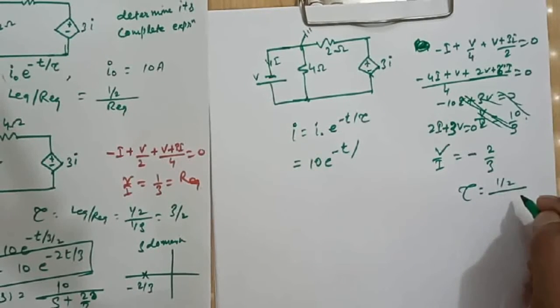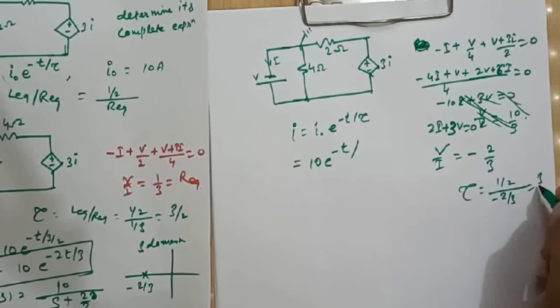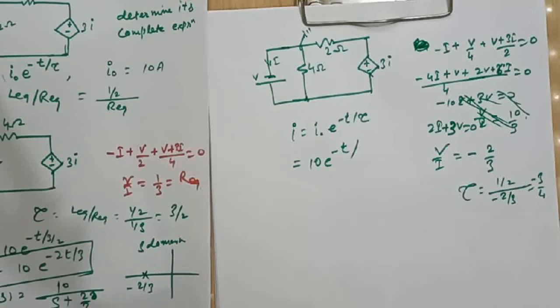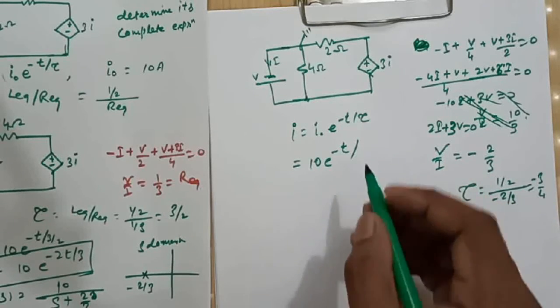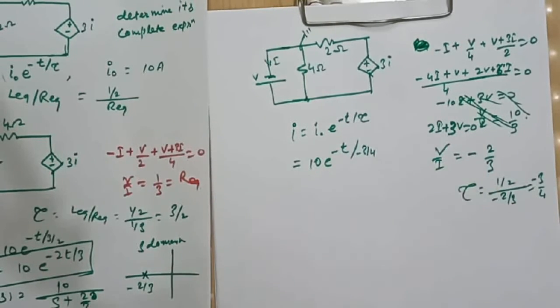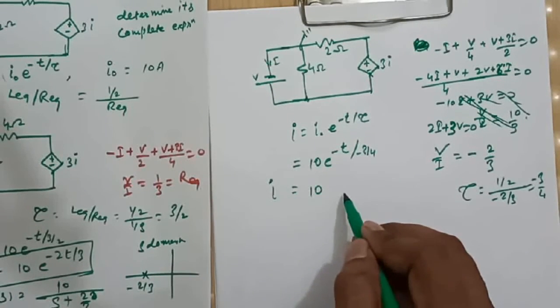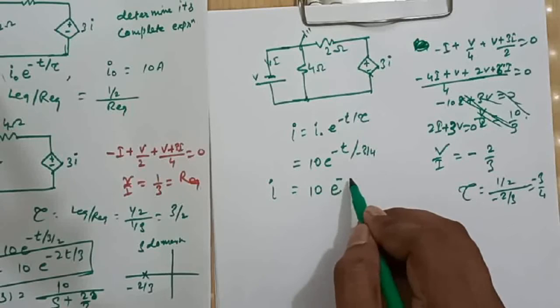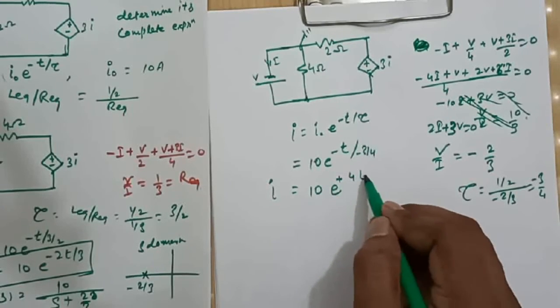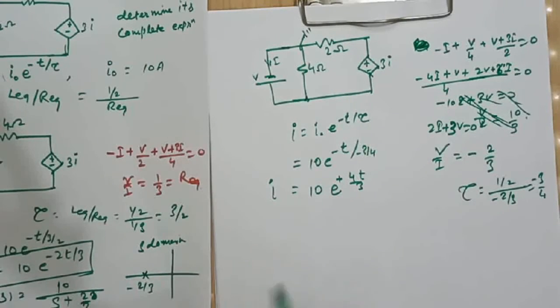L was half and R is minus 2 by 3, which is nothing but minus 3 by 4, right? Putting this value here, the current expression I will become 10 e to the power plus 4t by 3.